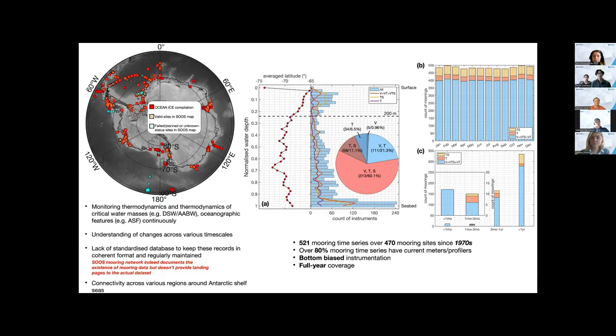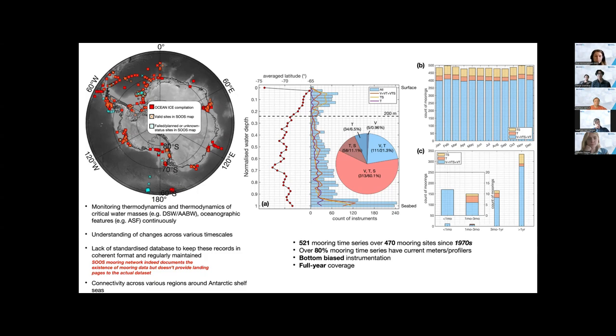We know that there are numerous mooring data sets available in the region of interest, but there is always a lack of a standardized database to keep these records in coherent formats and regularly maintained. I want to note that there's a similar effort going on at the SOOS Mooring Network, but at the moment they only record the existence of these moorings, and don't really provide a landing page for the actual data sets.